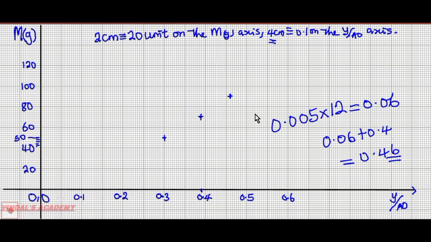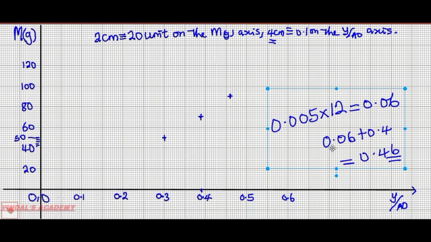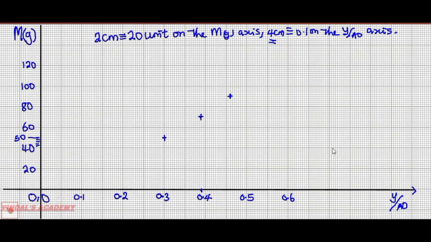Let's move to the next one. Let's clean up first. Okay, let's go to the next one, which is 0.492. Let's see how we are going to find that one. 0.005 times how many lines will give me 0.49?